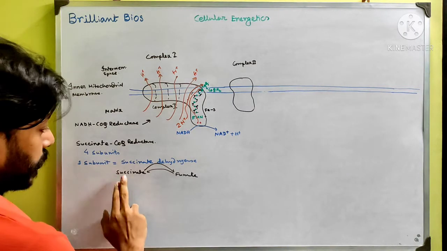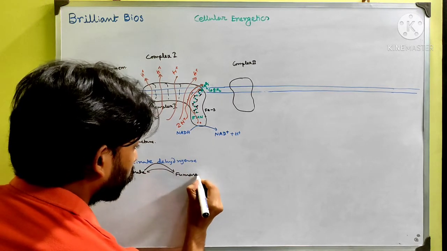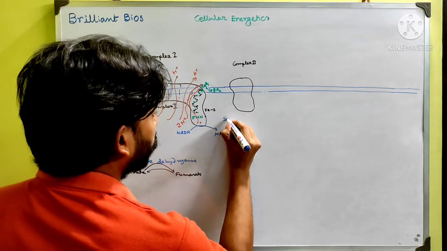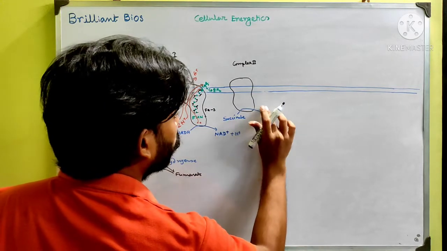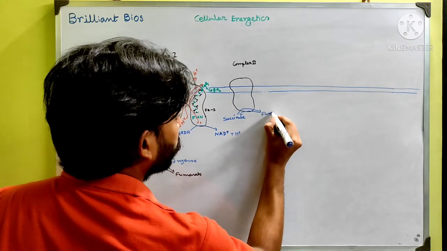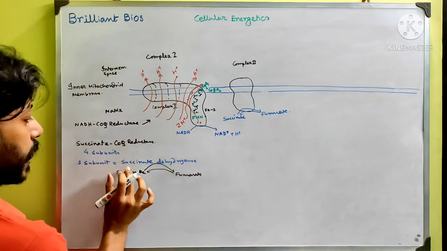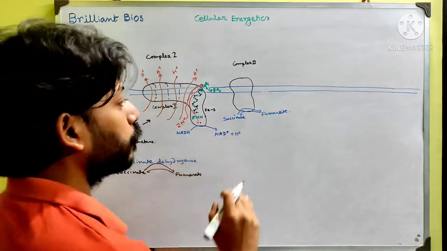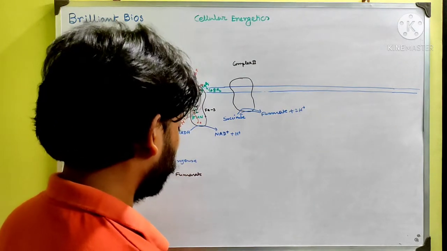Here a succinate molecule is oxidized to fumarate. This reaction step is reversible. So this complex 2 contains a subunit called succinate dehydrogenase, an enzyme that converts succinate into fumarate, and 2 hydrogen atoms, protons, are released.